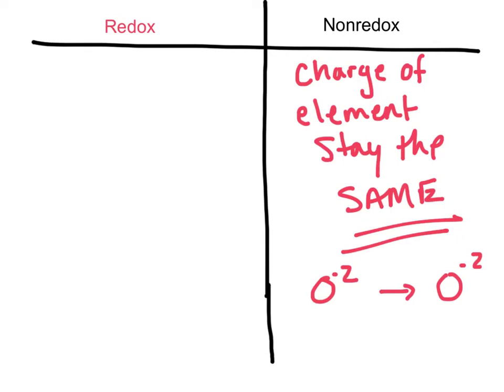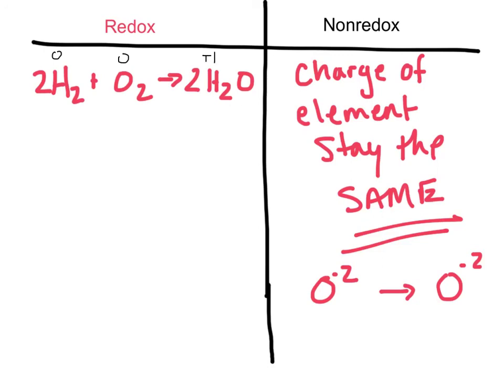Remember that any element by itself has an oxidation charge of 0. So if I take something like the H2 that we did earlier plus O2 yields 2 waters, and we look at the charges of each of these. Any element by itself is 0, so we got a 0, a 0, but when they combine into water on the other side, I get a +1, and I get a -2.